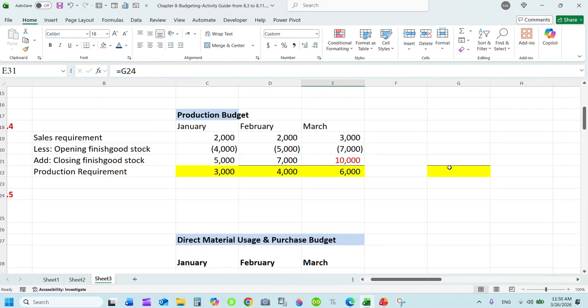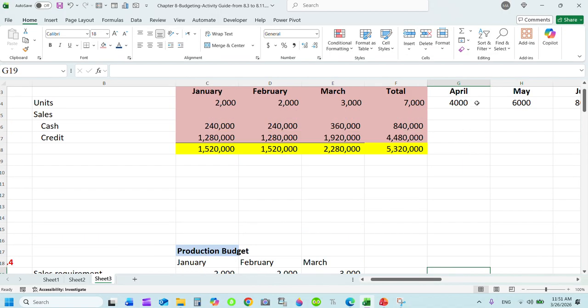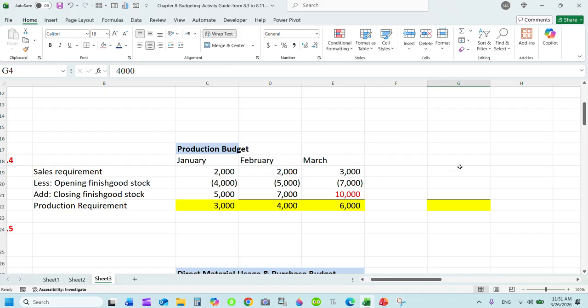Okay, so for April month we can find out this information. April month sales requirement is 4,000.